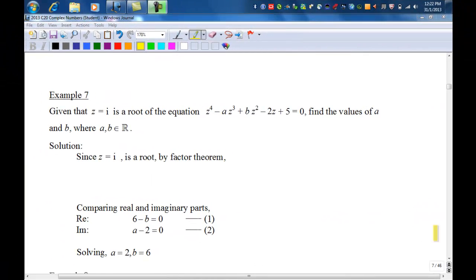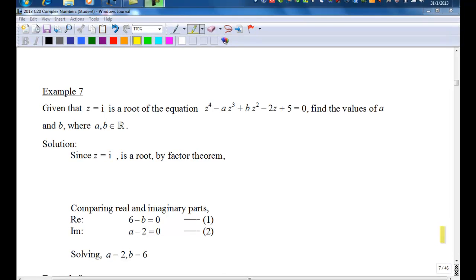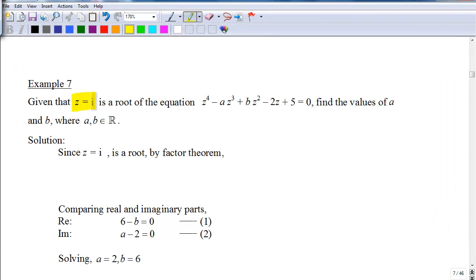Now let us take a look at another example that utilizes this same result. Example 7 says that z equals i is a root of this equation here. They want you to find the a and the b in this equation, where a and b are real numbers. So I will first give a name to this equation.